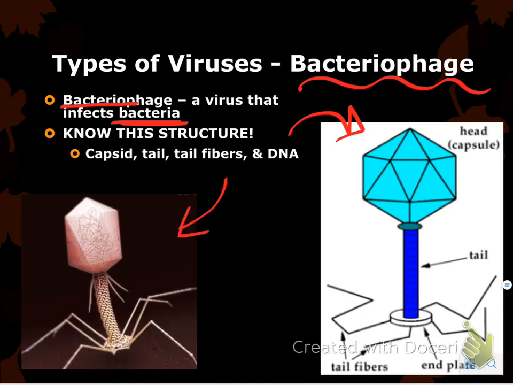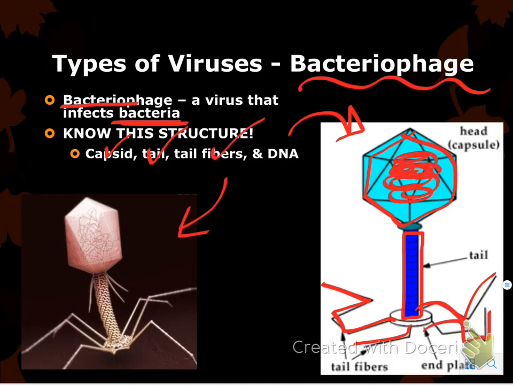So over here, the head or the capsid is this big outside covering. The tail is this royal blue part, and it's kind of like a syringe. It's what injects that DNA into the unsuspecting bacteria cells. The tail fibers are the little leg-looking things. And then the DNA is not in this picture over here, but it would be just squiggles on the inside.